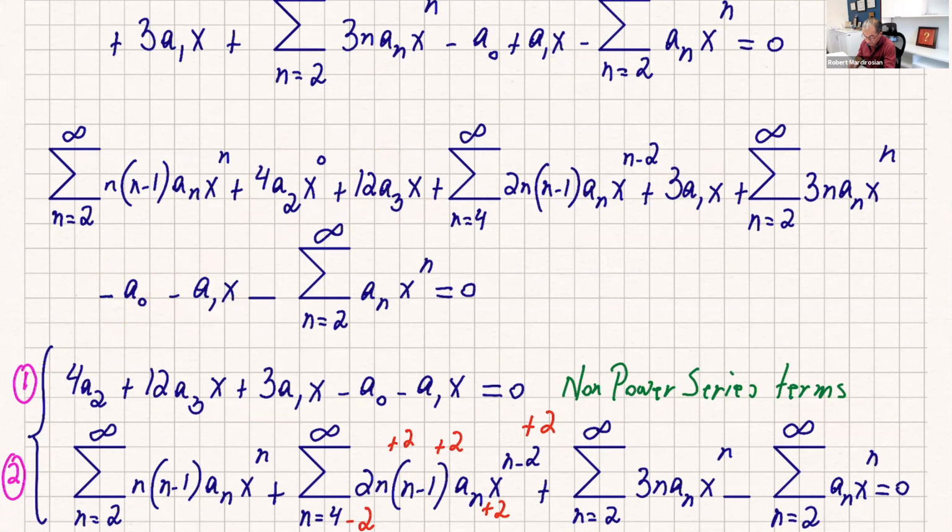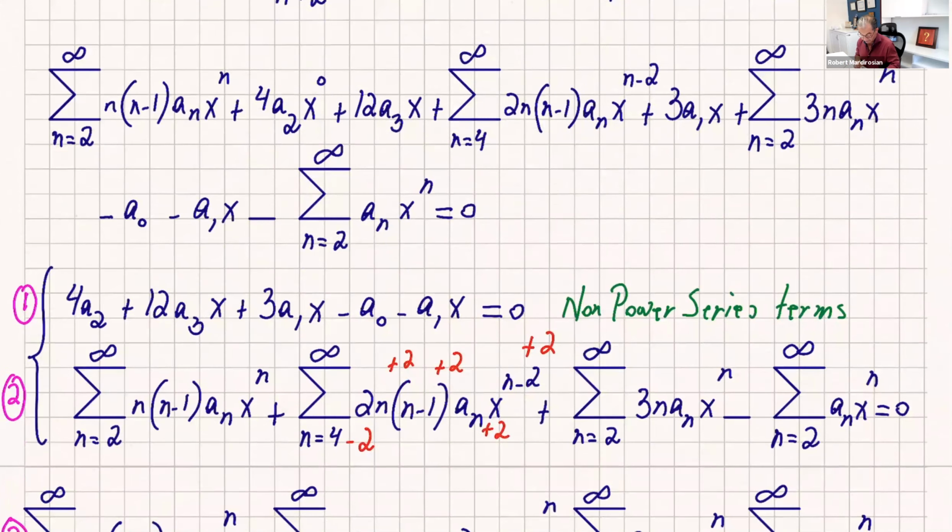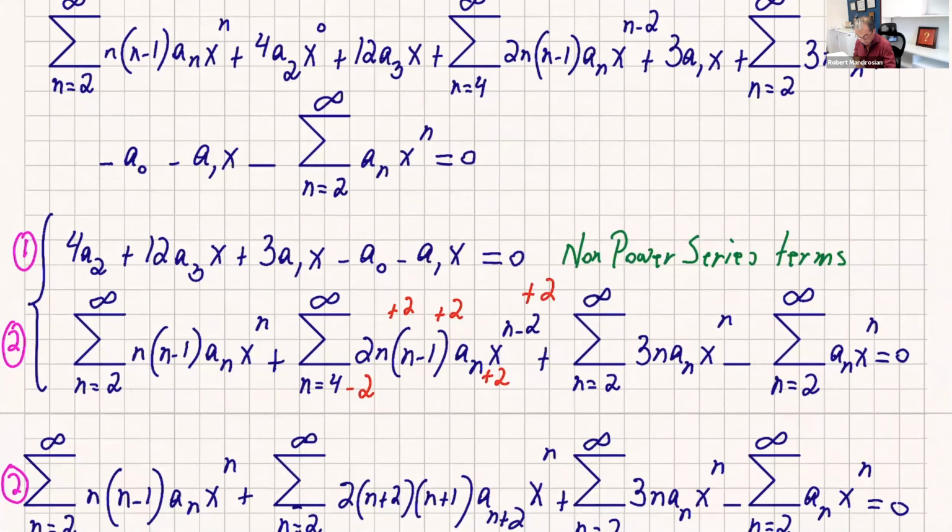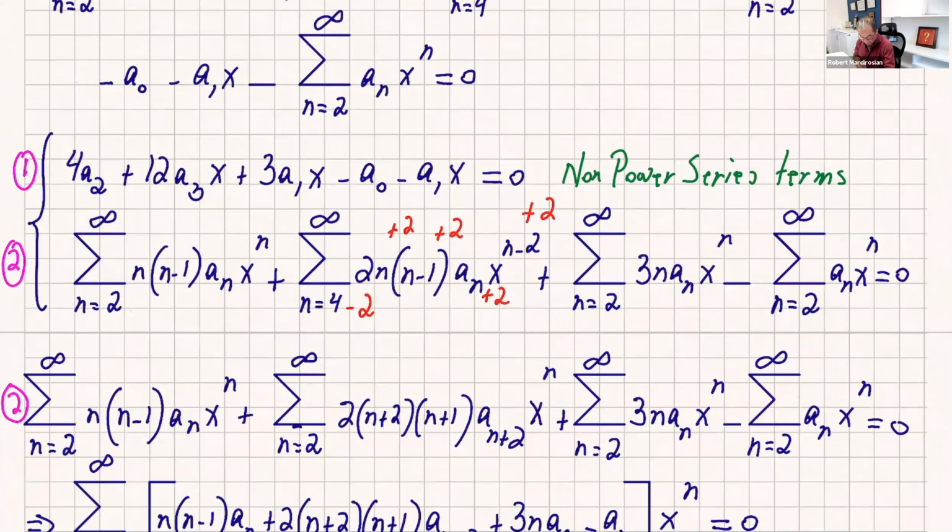There is no function here or forcing function here. So these, you put them equal to 0. Then you take the terms with power series, and you put that equal to 0 also. However, for number 2, what we want is all of them to have x to the power of n.